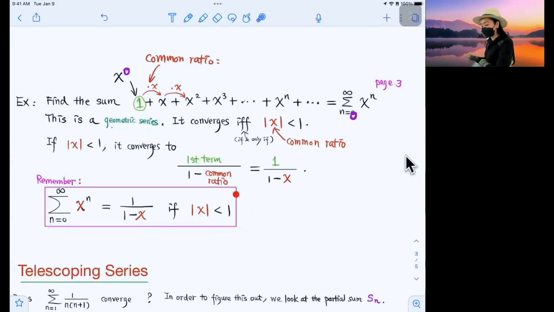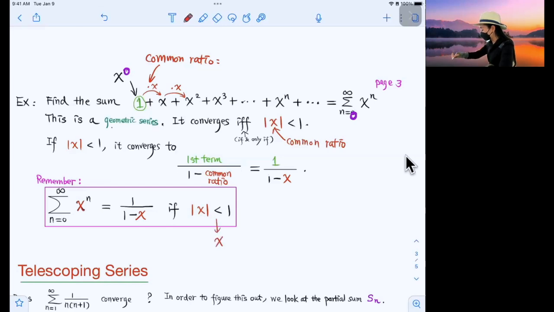This result here is worth remembering because we're going to use it again and again later in the semester. So this geometric series is going to converge if and only if the absolute value of x is less than 1. What does it mean, absolute value x is less than 1? That means x is between what and what?